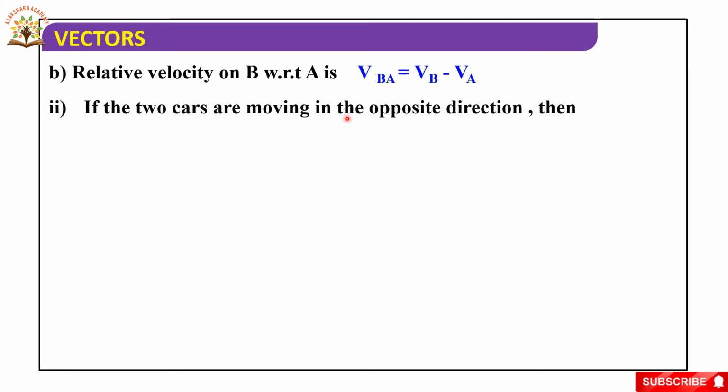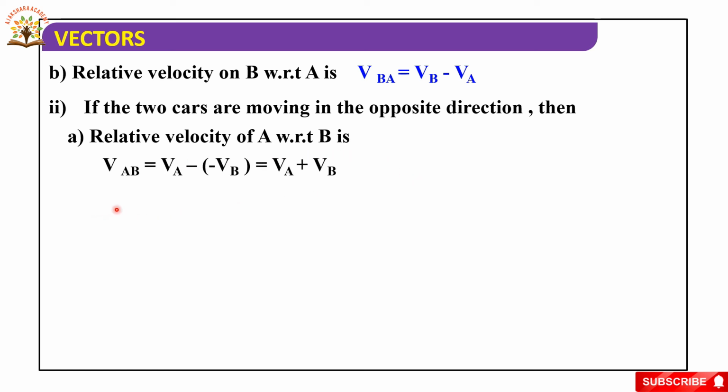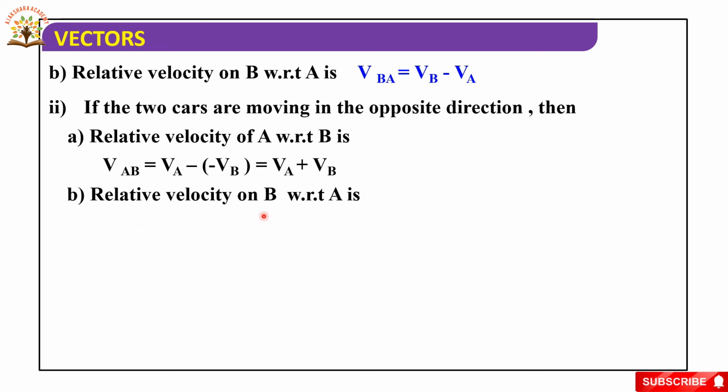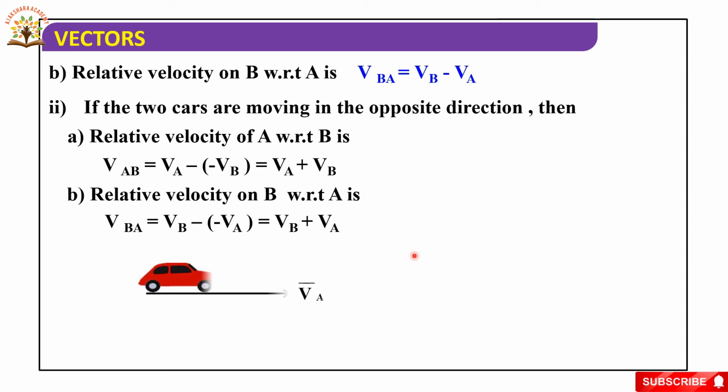If two cars are moving in opposite direction, then the relative velocity of A with respect to B is VAB equals VA minus of minus VB, so that is VA plus VB.